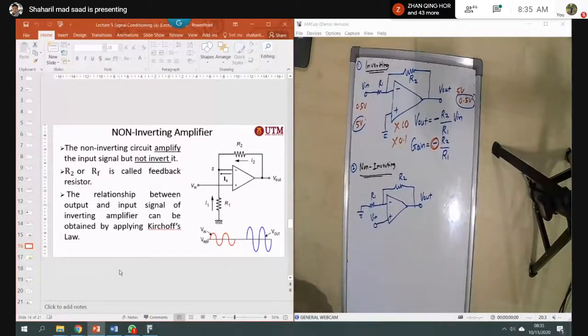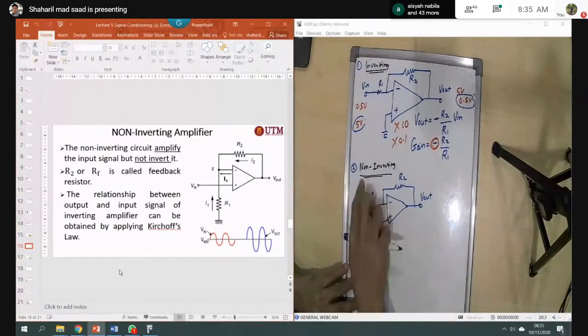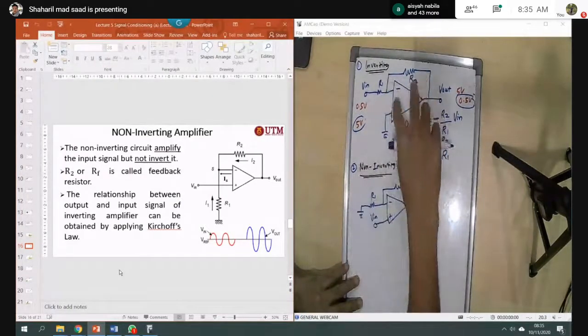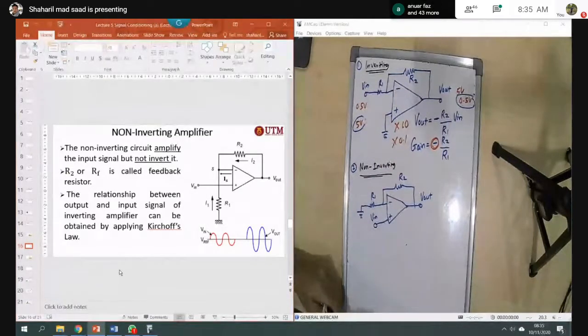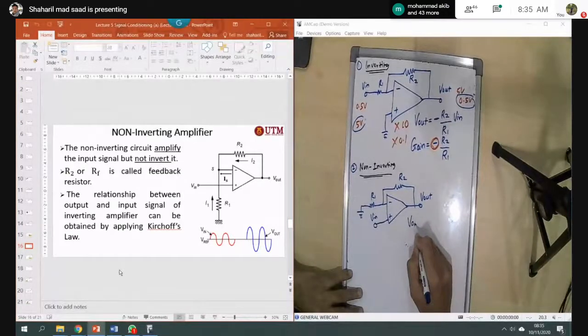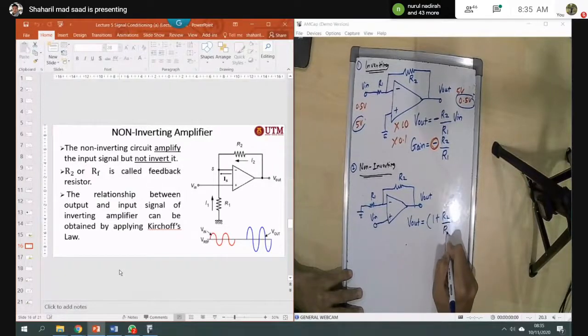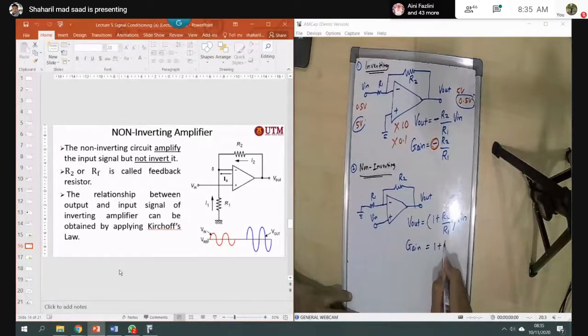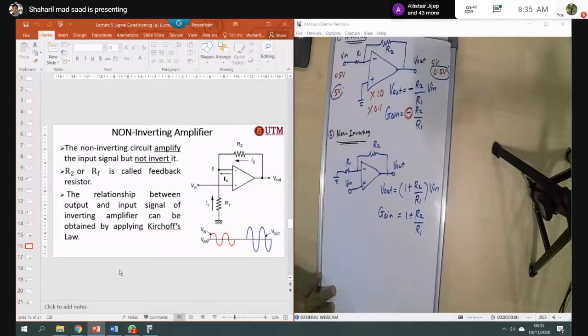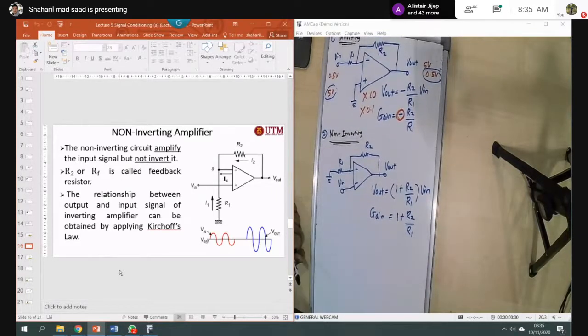Now this becomes the non-inverting. All is based on the inverting, but in order to draw the non-inverting, you just switch here. Then the formula will be V out equal to 1 plus R2 divided by R1, times V in. So the gain is 1 plus R2 divided by R1.